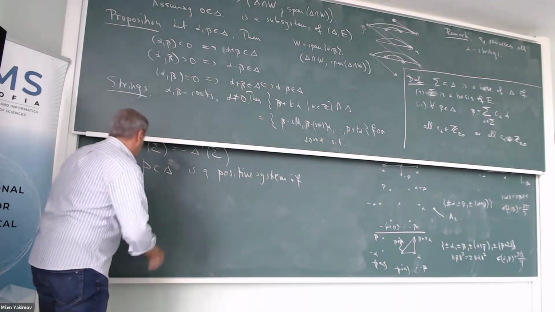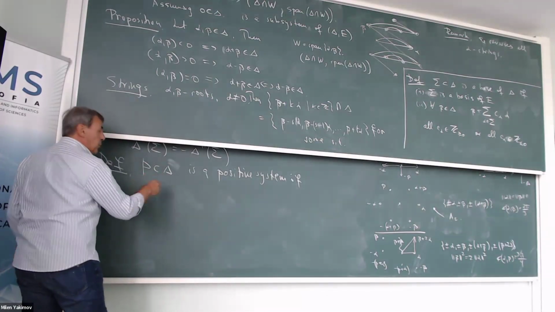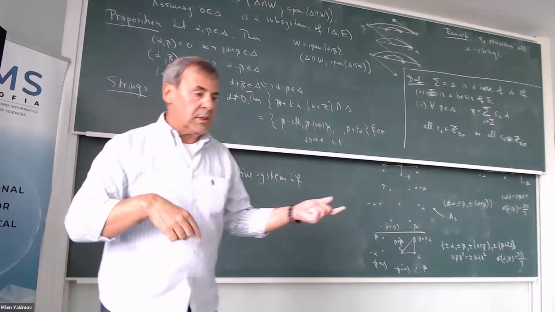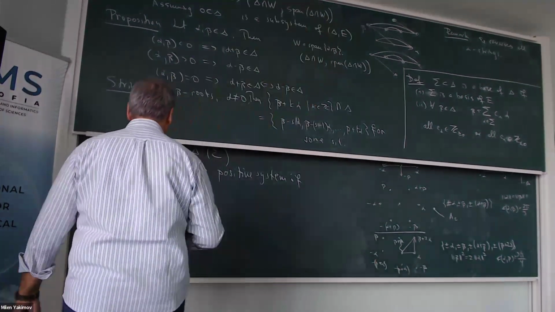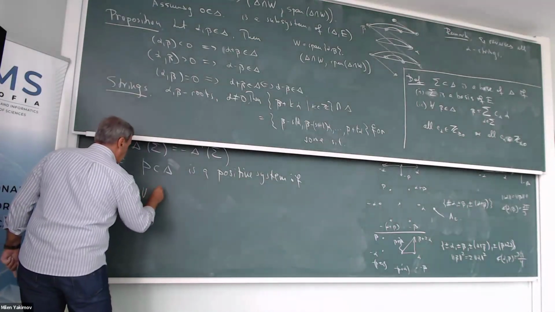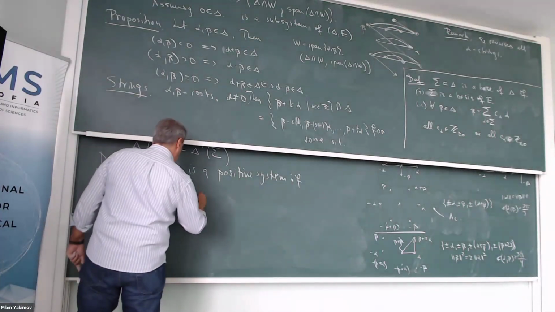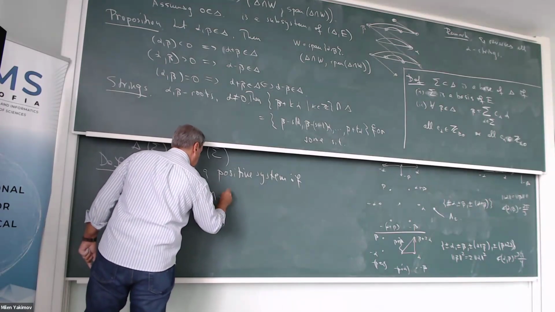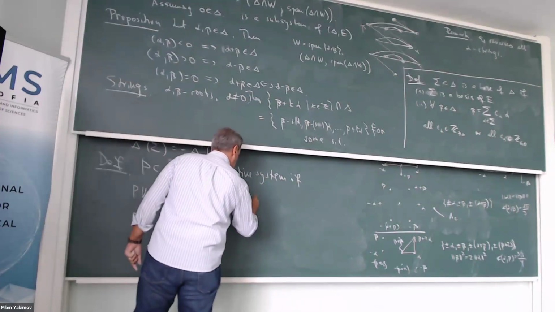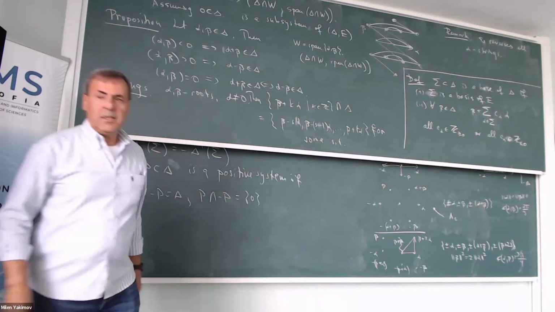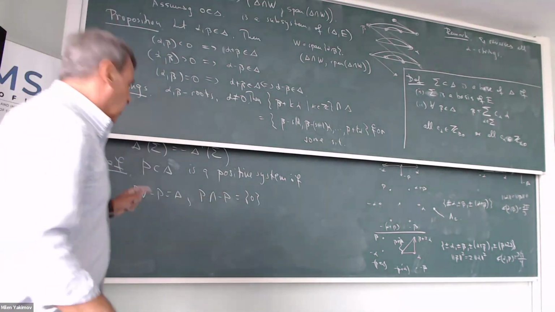First, together with its opposite, it gives a partition of delta. So P union minus P is delta, and P intersection minus P is the zero vector, because I decided that zero is a root, so now zero will be there.